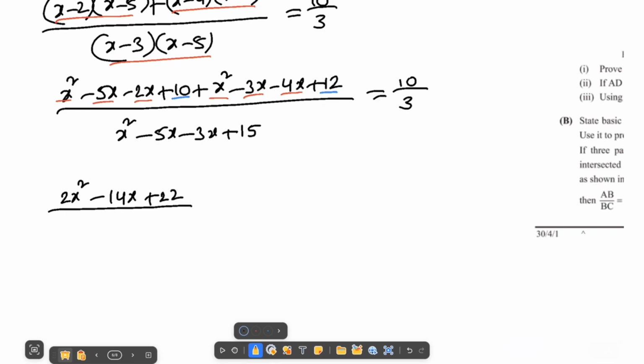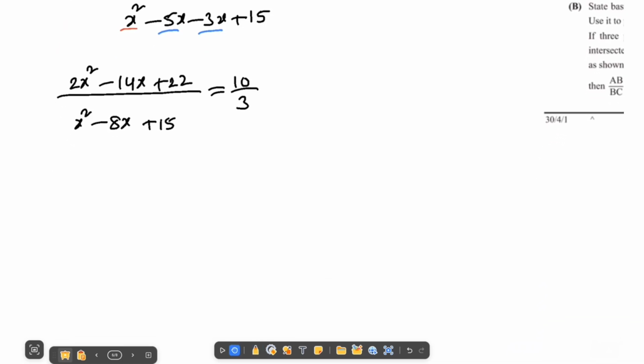So in the denominator what do we have? x square, only one like term here. Next minus 5x minus 3x is minus 8x, plus 15, equals 10 by 3.